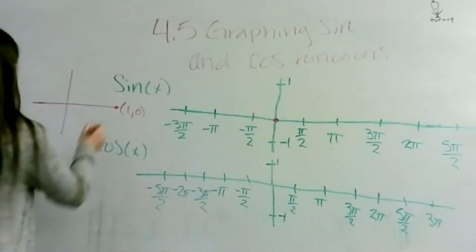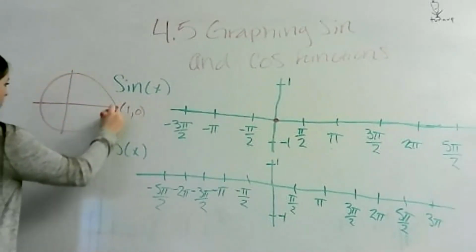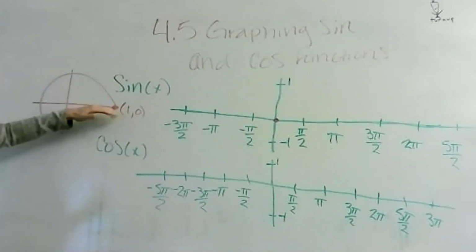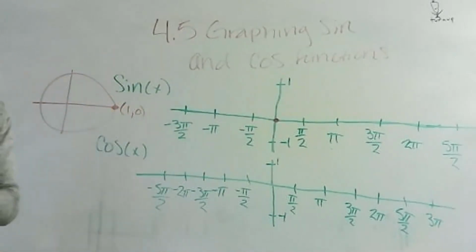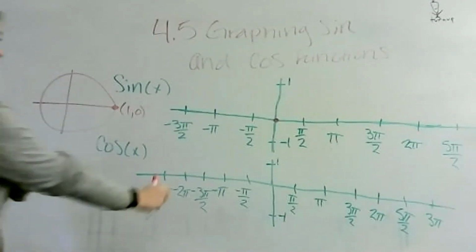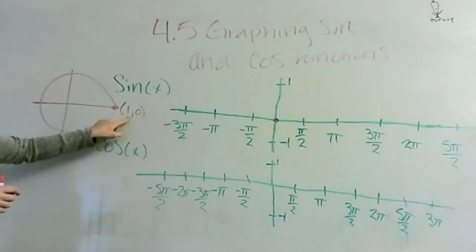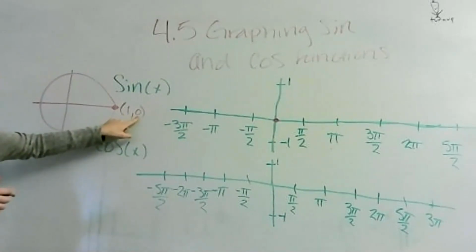If you're thinking back to the unit circle, at this value, this is basically the starting point of our unit circle. And this is the starting point of our graph. At that starting point, our cosine value is 1, our sine value is 0.